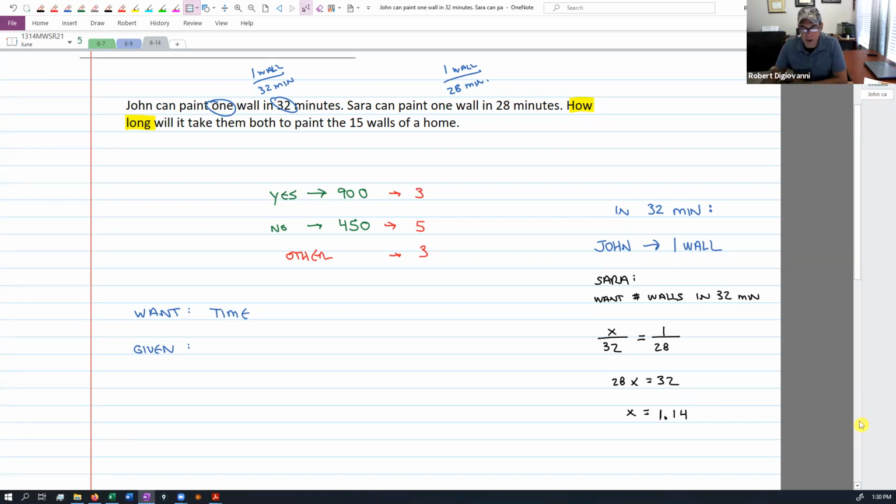Do y'all understand what I did there? Are there any questions? John can do one wall in 32 minutes. Sarah can do a little bit more than John because she's a little faster. She can do one wall in 28 minutes, which means she can do 1.14 walls in 32 minutes.